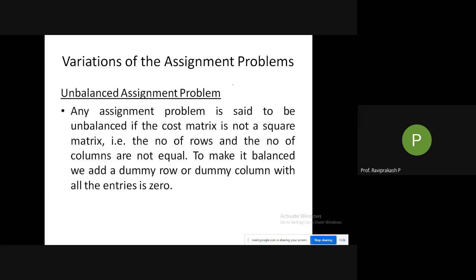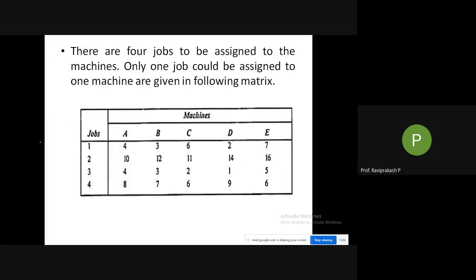What we did in the earlier transportation problems where it was unbalanced, we added a row or column as necessary and put all the costs as 0. So that is what we need to do. Then start with our normal procedure. Okay, so take down this particular problem.